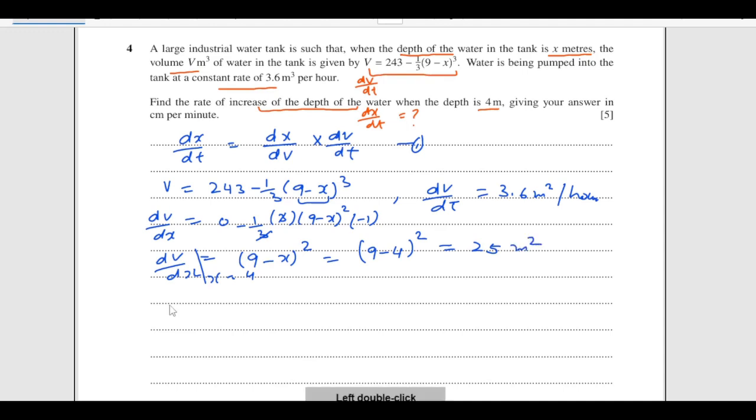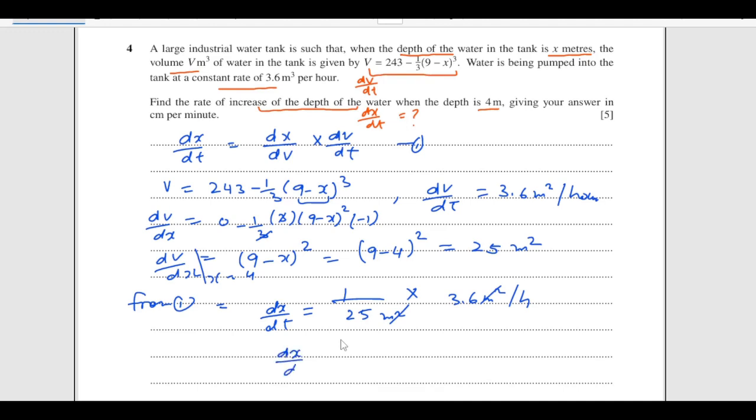Now we will substitute this value in equation 1. From 1 we have dx over dt. As this is dx over dV, but we have dV over dx, we can write it as 1 over 25, this is meter squared, times 3.6, this is given to us in meter cubed per hour, so meter squared and meter squared cancel, and we have dx over dt is equal to 0.144 meters per hour.